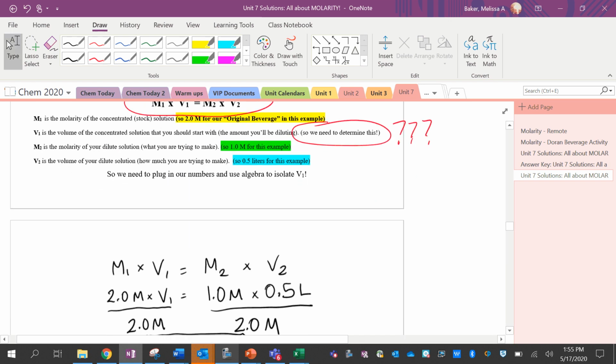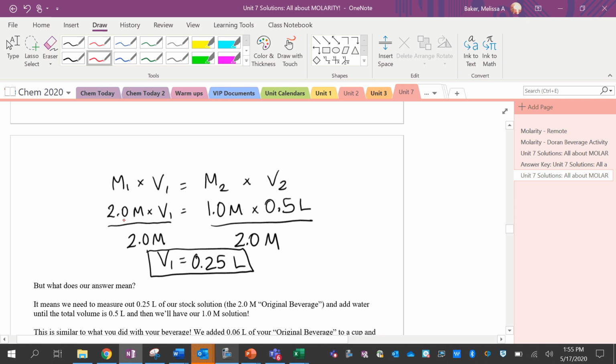So once we plug in the numbers, M1 was 2, V1 we don't know, M2 was 1, and V2 was 0.5, we need to do some algebra to isolate V1. So we divide both sides by 2 molar, and we get a V1 of 0.25 liters.